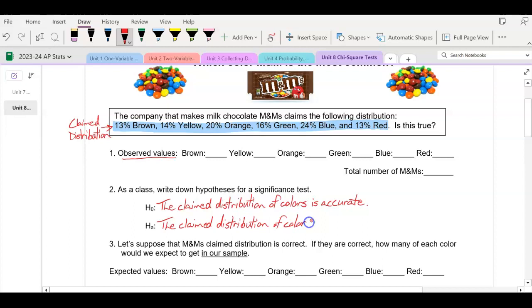Now, notice this is not going to tell us necessarily which color is off or which colors are off. We'd have to do some more analysis for that. But in the goodness of fit test, we're just going to say, is the distribution overall accurate or not accurate? So what we need to do first of all is determine expected values.